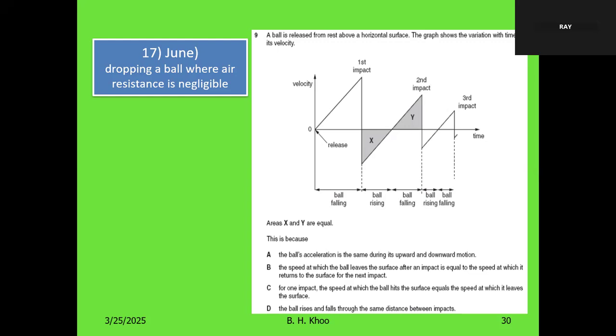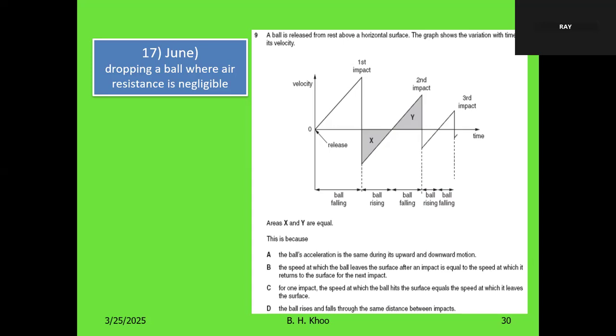The hint is area under the graph. All answers are correct, except the catch is they want area under the graph. Why are areas x and y equal?